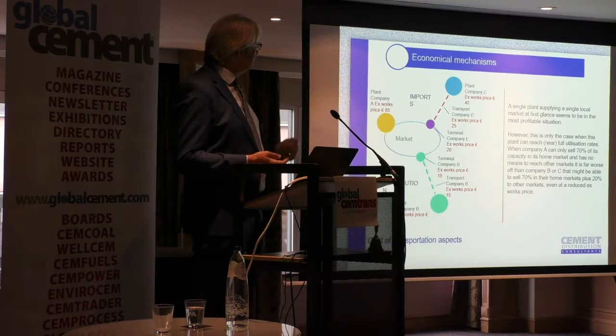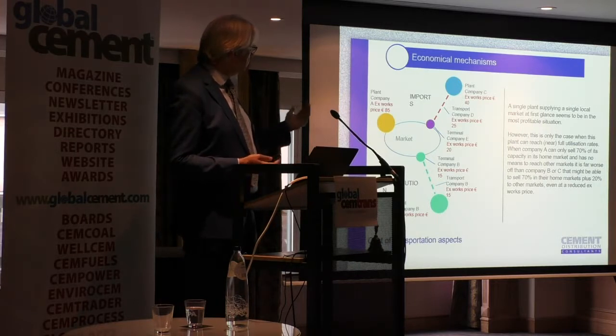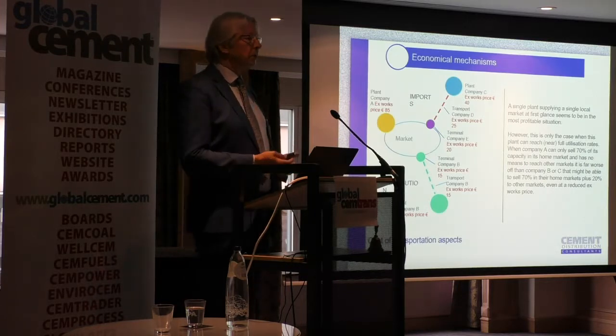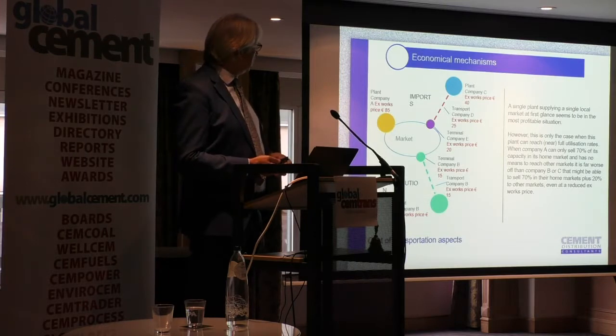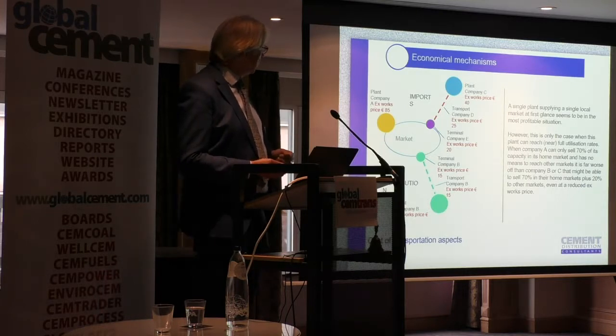If the plants which are outside that market but distribute or export to it can sell the same volume in their home markets, but in addition can move their cement to the other markets, they're able to get a much better margin than that.